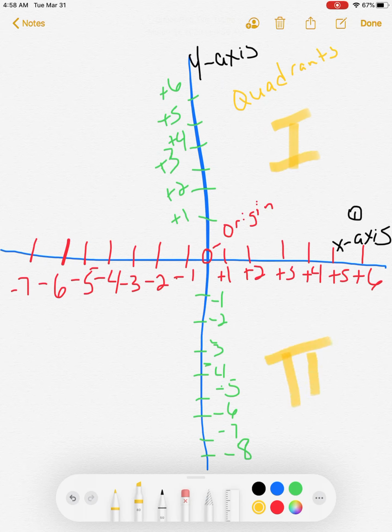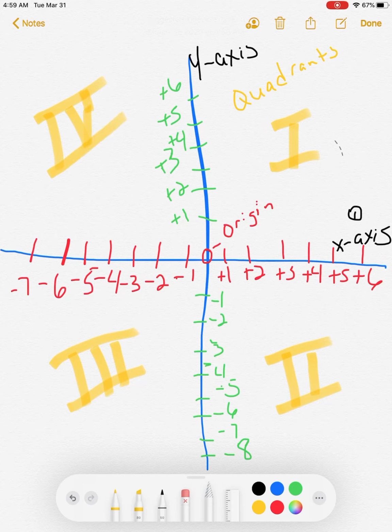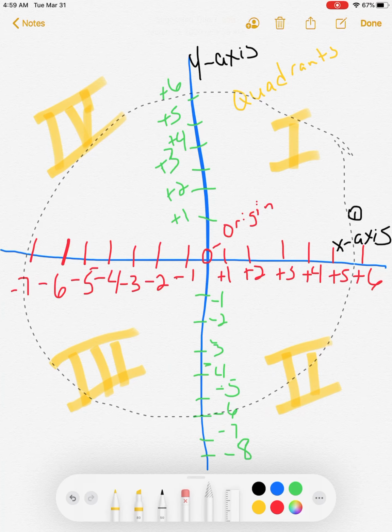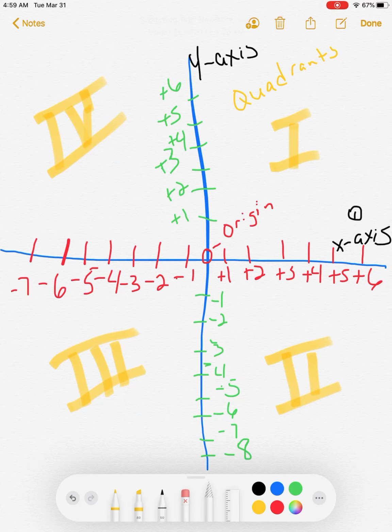This one would be quadrant 2, quadrant 3, and the last one would be quadrant 4. Just like making a backward circle, we started at quadrant 1, then quadrant 2, quadrant 3, and quadrant 4. Then back to quadrant 1. So pretty cool, right? Now that we know that each one of those quadrants has a name, they also have characteristics.